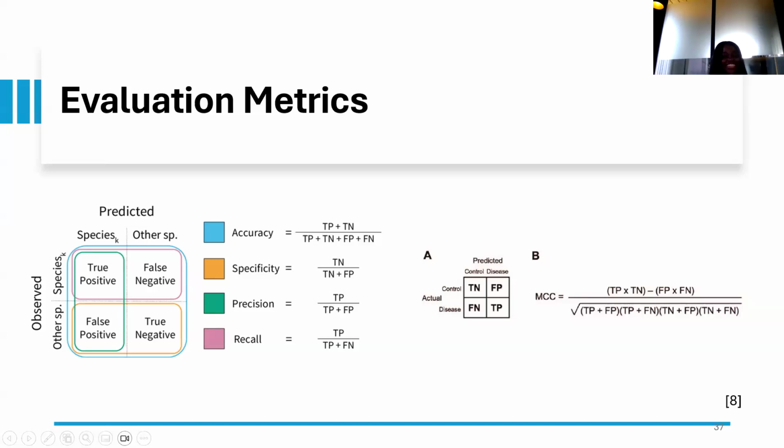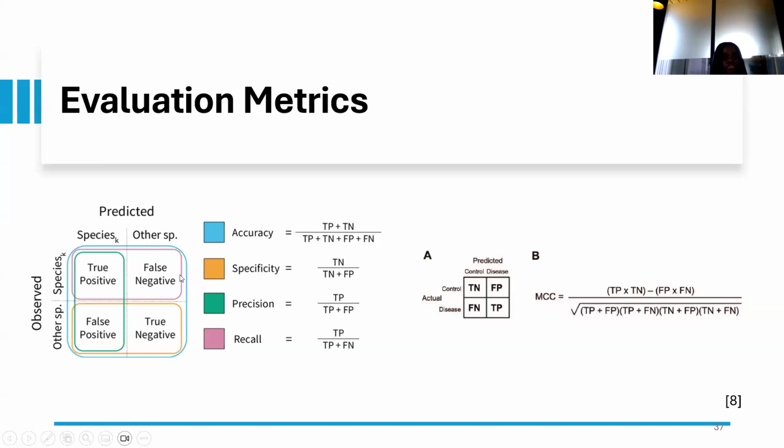I don't know if you have these in maths, but observed is what it actually is, predicted is what our model predicted it to be. Call species K the responders, other species the non-responders. True positives are all of the patients who are actually responders and were predicted as responders.